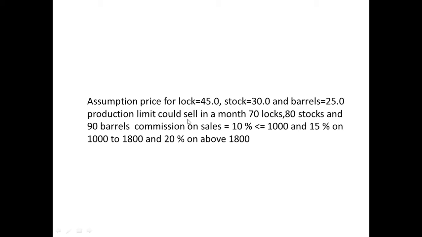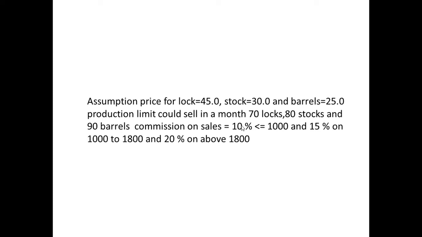The production limit: he could sell in a month 70 locks, 80 stocks and 90 barrels. So the price for each lock is 45, stock is 30, barrel is 25, and in a month a salesperson can sell only 70 locks, 80 stocks and 90 barrels.